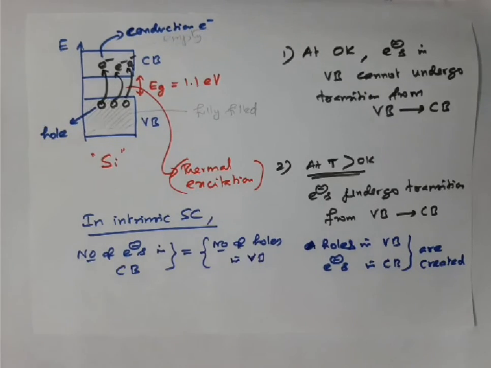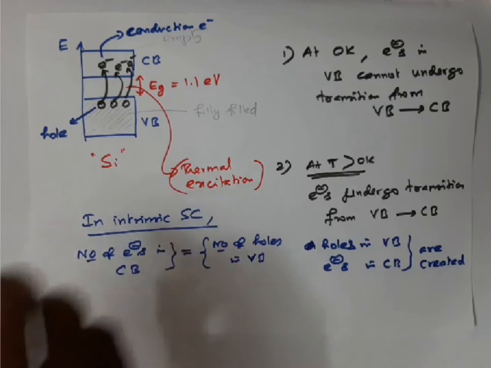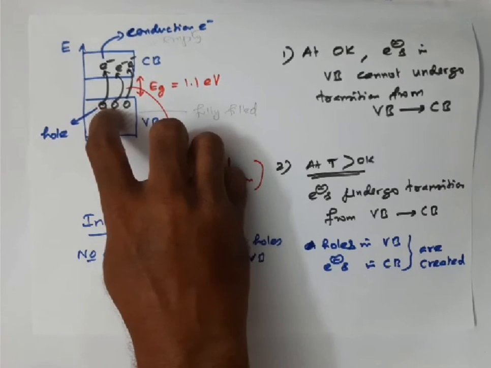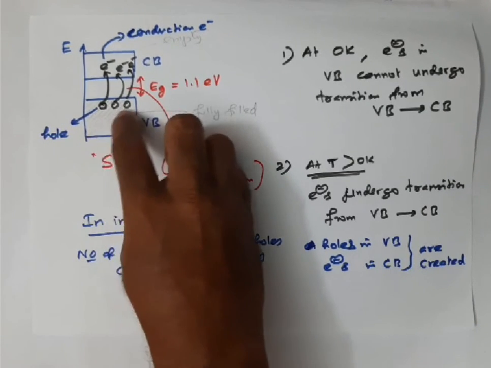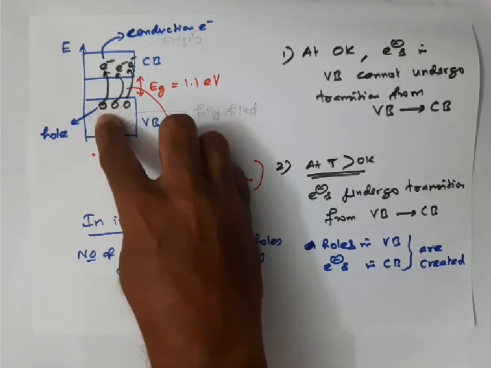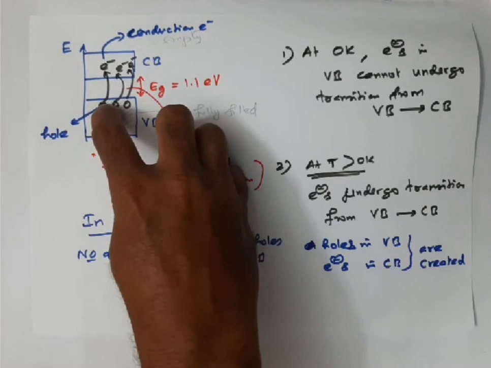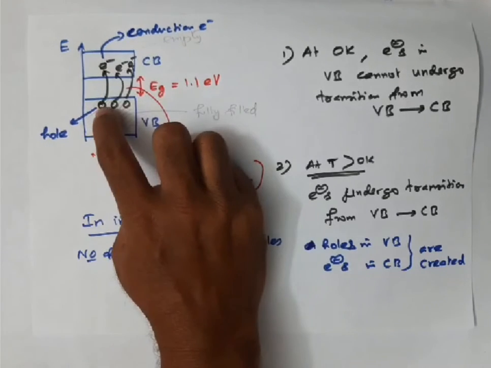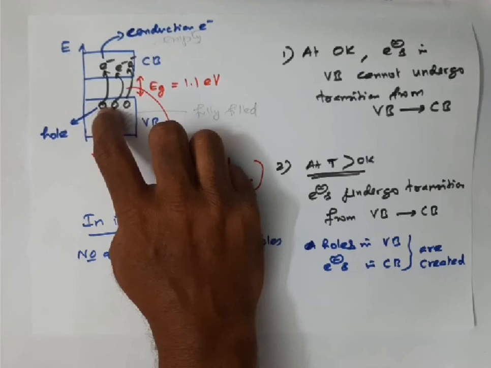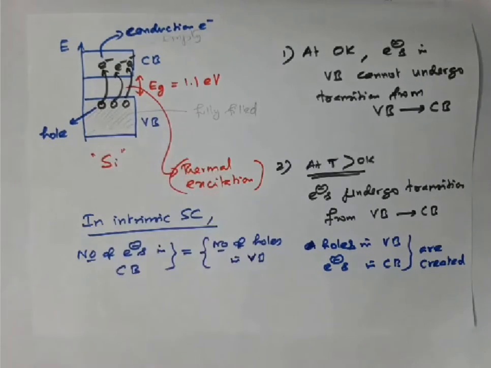Students, remember, holes means positive charge. Because when electron goes there, it leaves a positive charge here. Previously, because of the electron, the material is neutral. Now electron has jumped from valence band to conduction band. Therefore it will create a positive charge in valence band.